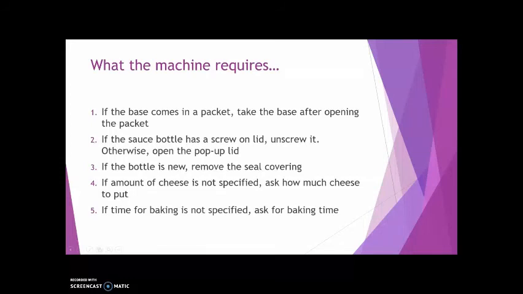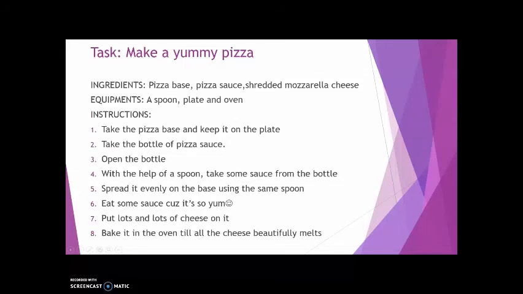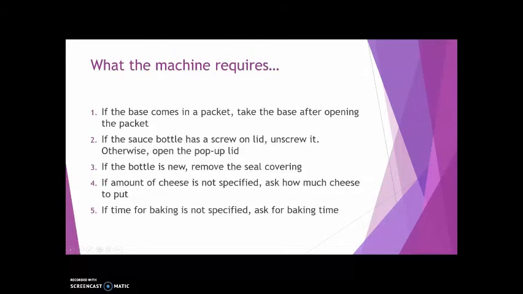The machine requires more detailed steps. So let's see a few examples. Like if the base comes in a packet, then take the base after opening the packet. Now who would have thought of this, right? But the computer cannot directly understand how to do all the steps that we wrote here.